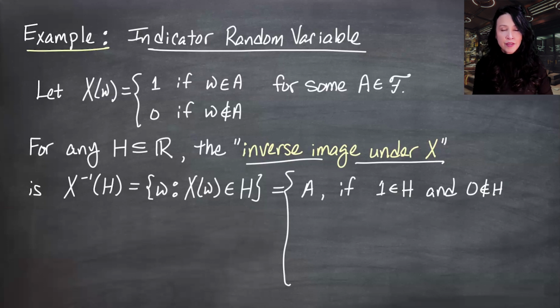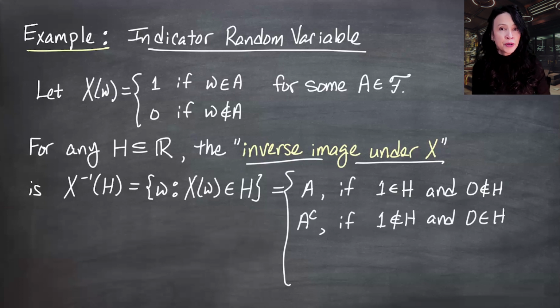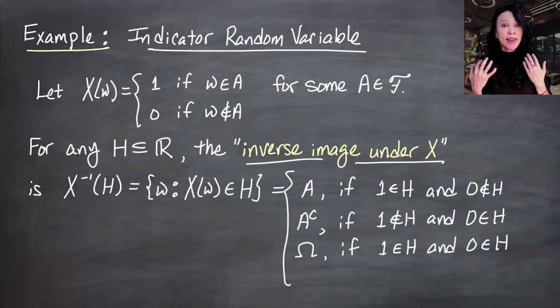The inverse image of this set H is going to look like A complement if H contains the value 0, but does not contain the value 1. If H contains both 0 and 1, then pulling that back, everything maps to 0 or 1. So the inverse image of H is going to be the full omega.